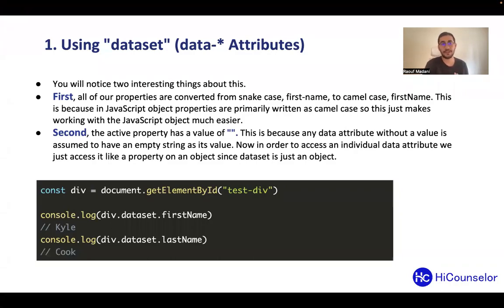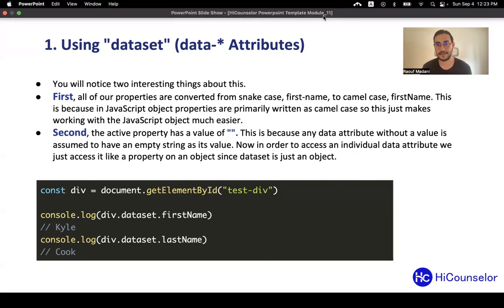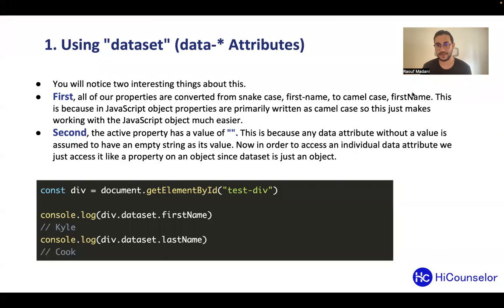Here you will notice two interesting things about what we have seen earlier. The first thing is that all of our properties are converted from kebab case, first-name with a dash, to camel case, which you see here as firstName with a capital N, the first letter of the second word, instead of the dash.